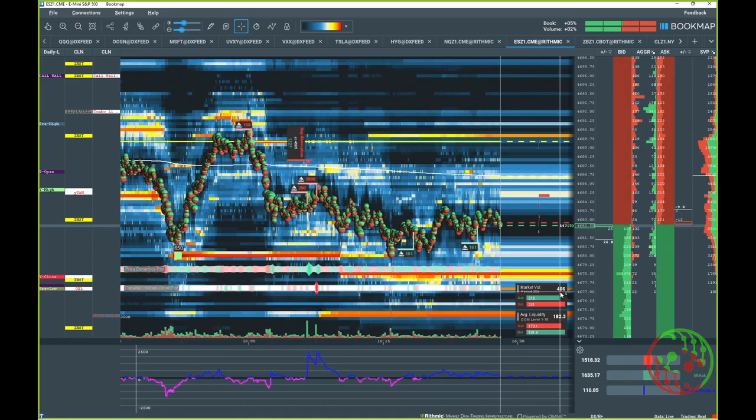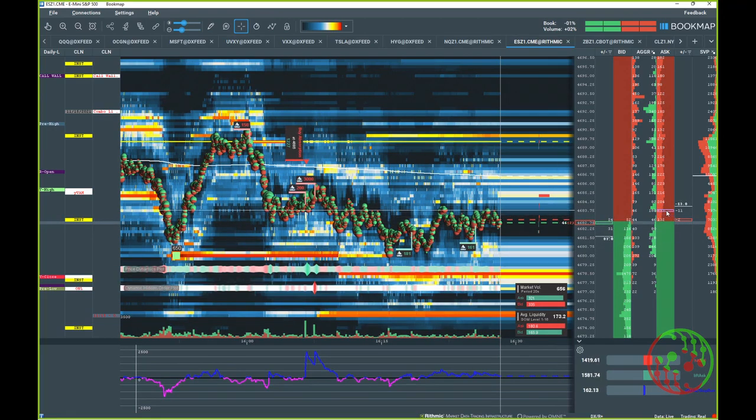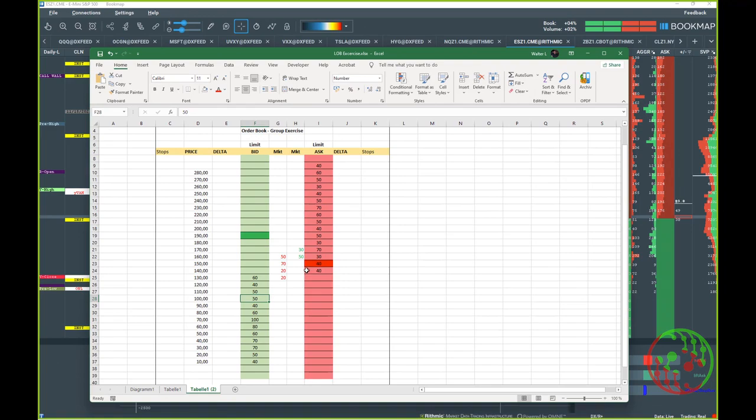If there is not enough power in the market, aggressors, like here, it's not the best one, but like here, we have 500 and on every side, that means on bid and on ask, 180 contracts sitting. These 180 contracts must be traded like here. So we have to find 50, we have to find 30, 70 in this case, we have to find 30, and so on, 60 and so on, 40.